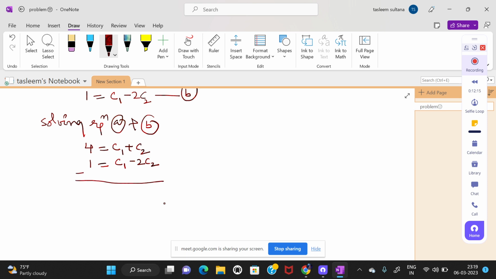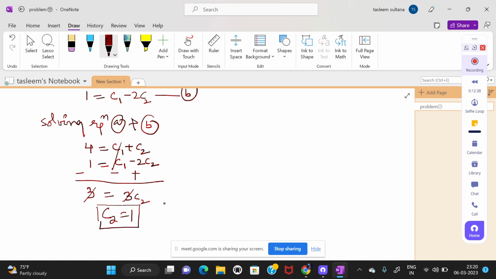Subtracting, C1 minus C1 cancels, and 4 minus 1 equals 3. So 3 equals 3 C2, the 3s cancel, and C2 is equal to 1.